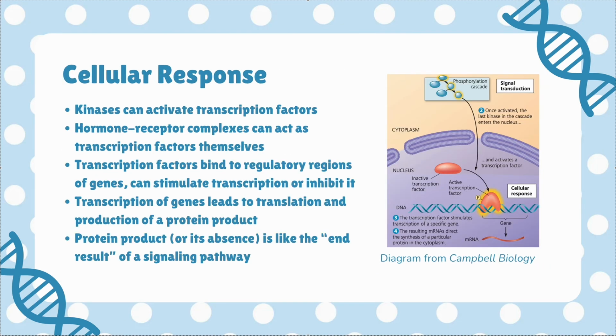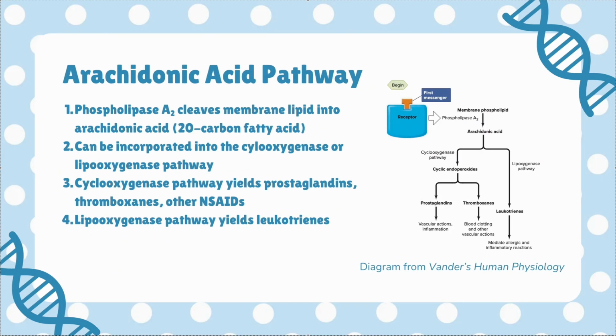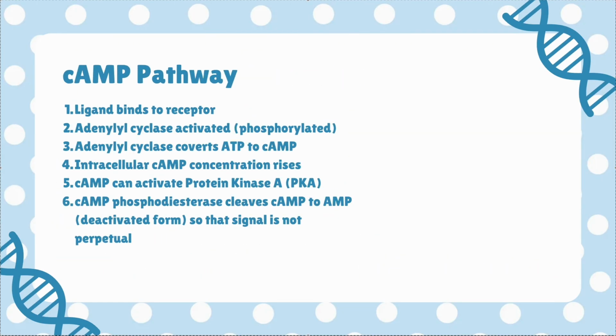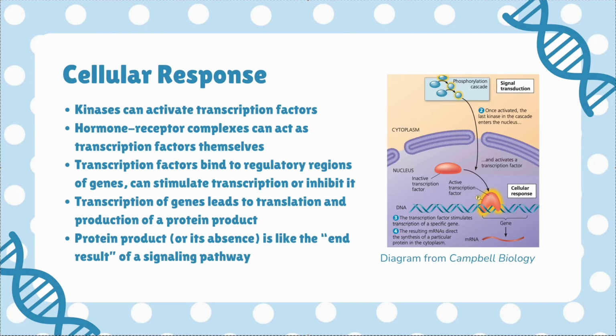Okay, so that was a lot about signal reception, signal transduction, second messengers, various pathways. But now we'll talk about the actual cellular response. So what happens after all that phosphorylation, activation, etc. Typically the last kinase in the cascade to be activated can activate transcription factors after it enters the nucleus.